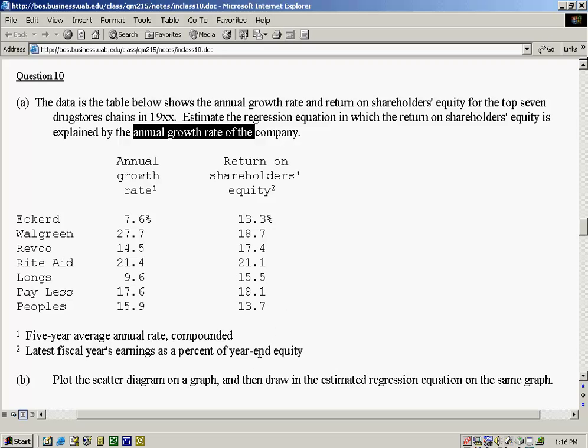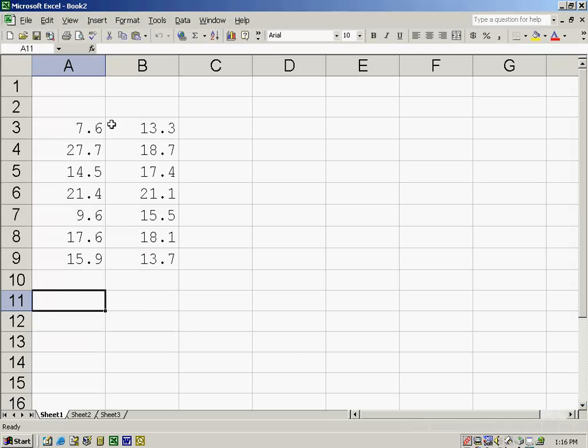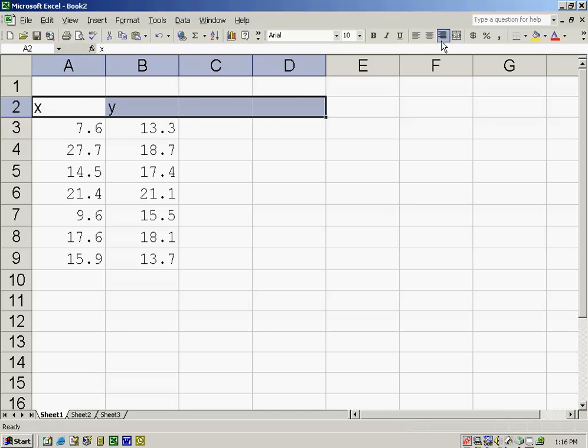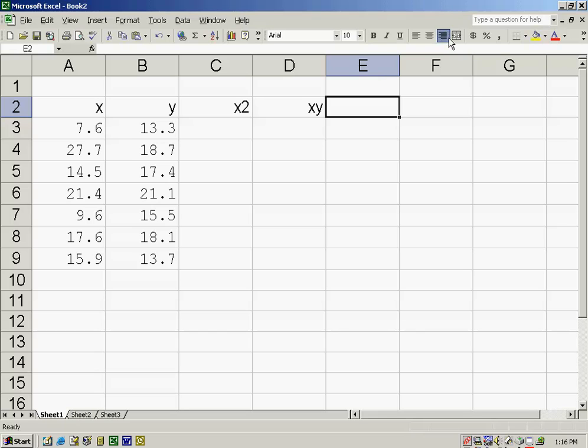We're going to bring this data to Excel and quickly get the sums that we need, and then we'll go back and work out the estimated regression. The first column is x, the next column is y. We're going to get x squared, xy, and we'll need y squared for the things we're going to do today.